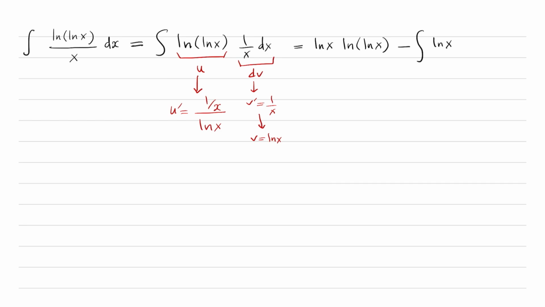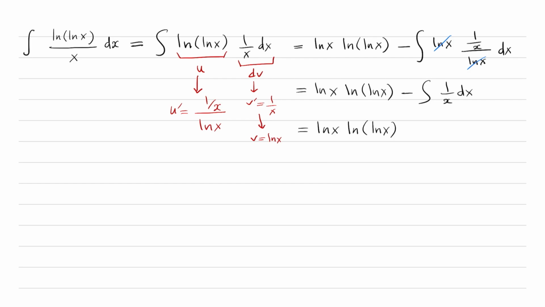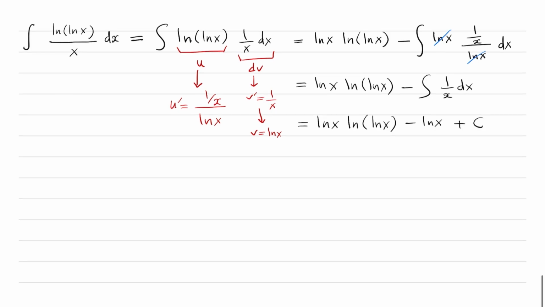So we get du here: 1 over x over ln of x dx, and the two ln's cancel each other, and we are left with ln of x ln of x minus the integral of 1 over x dx, and that's an easy integral to compute. We get ln of x ln of x minus ln of x plus a general constant of integration. So that was our last example today, and I hope you enjoyed this video.